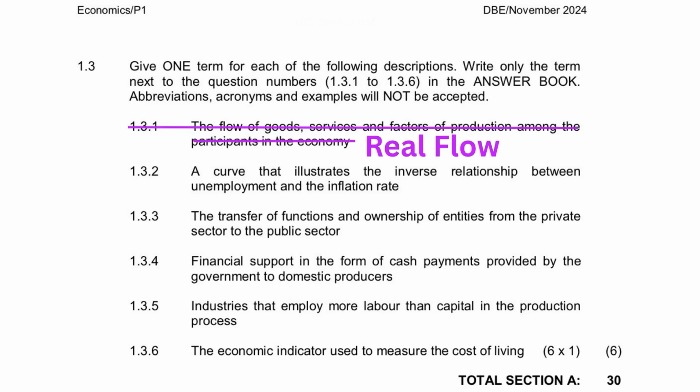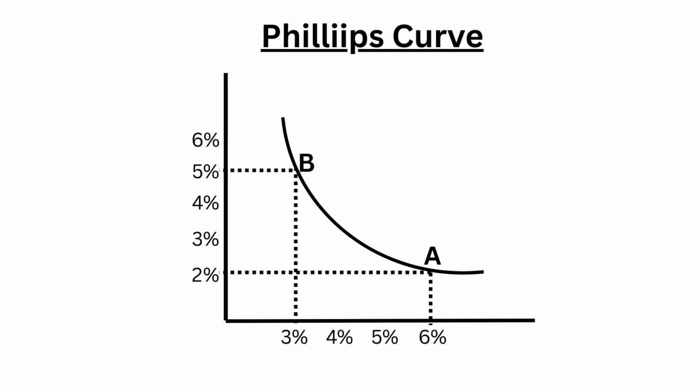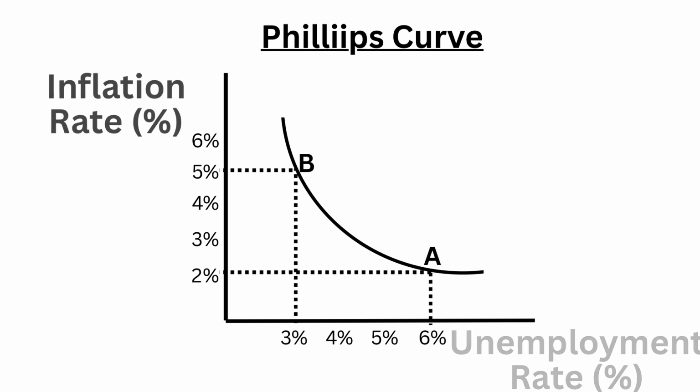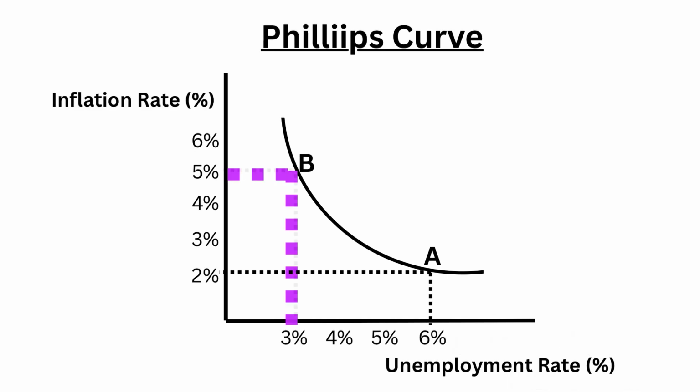1.3.2, which says a curve that illustrates the inverse relationship between the unemployment rate and the inflation rate. Now, this links back to the Phillips curve. It shows the relationship between inflation, which is the rise in prices, and unemployment. Now, look at this. When the unemployment rate is low, more people have jobs.